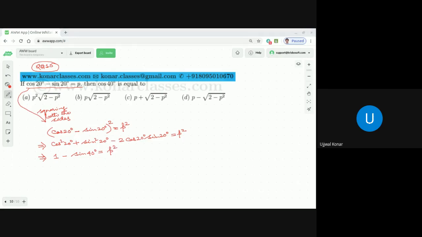So what we get, sin 40 degree is equal to 1 minus p square. So from here what we get is that sin 40 degree is equal to 1 minus p square. So that implies we can write 1 minus p square whole square is equal to sin square 40 degree.